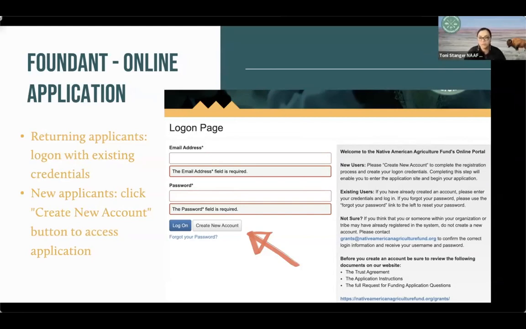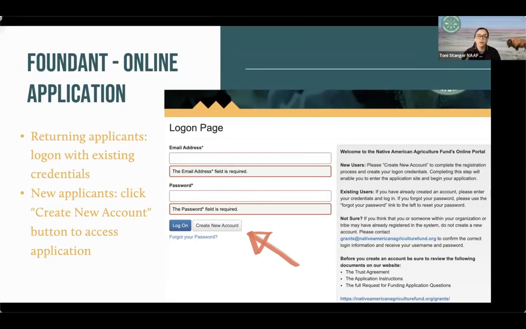Notice on the welcome page off to this side that we have some links for you. If you are unsure if you're an eligible entity, or if you are not the correct person, maybe you're not the grant maker or grant writer for your tribe, or the grant writer for your educational institution, but you're just looking to see what this will entail, then we encourage you to click the PDF version of what the application will look like instead of getting in here.